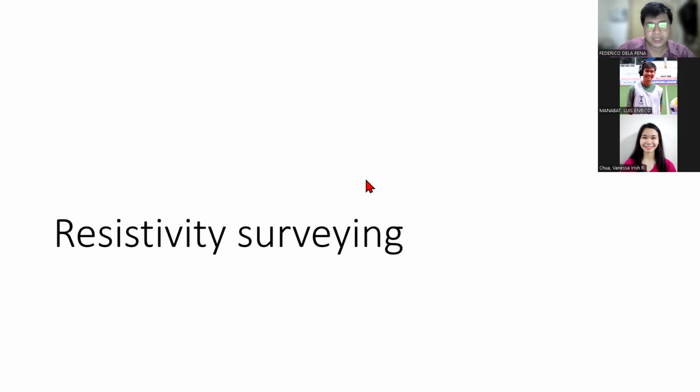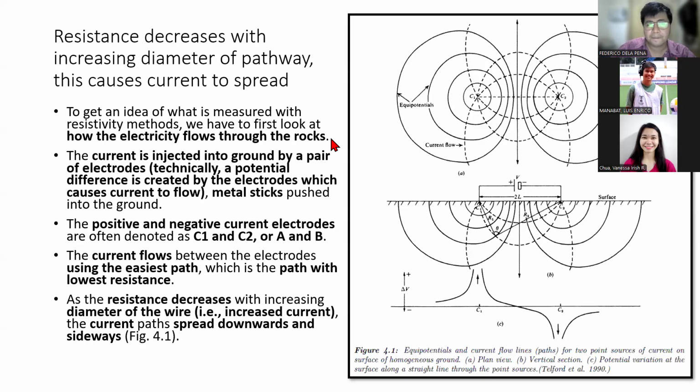Right? Let's talk about resistivity surveying. One important principle is that resistance decreases with increasing diameter of the pathway of your current.